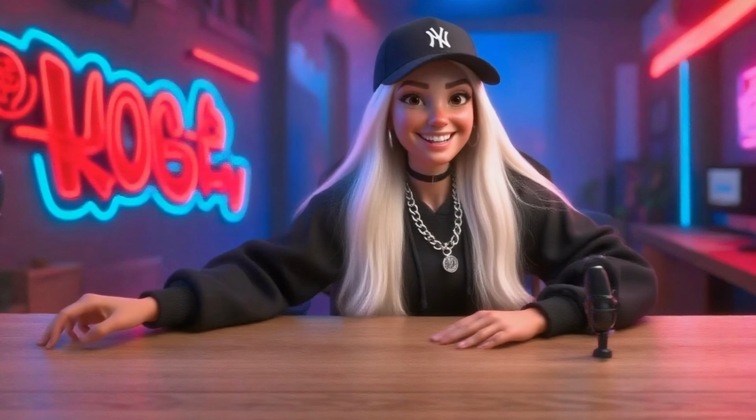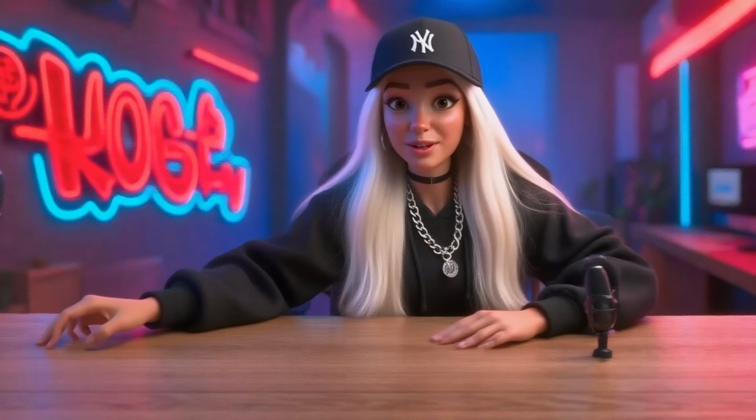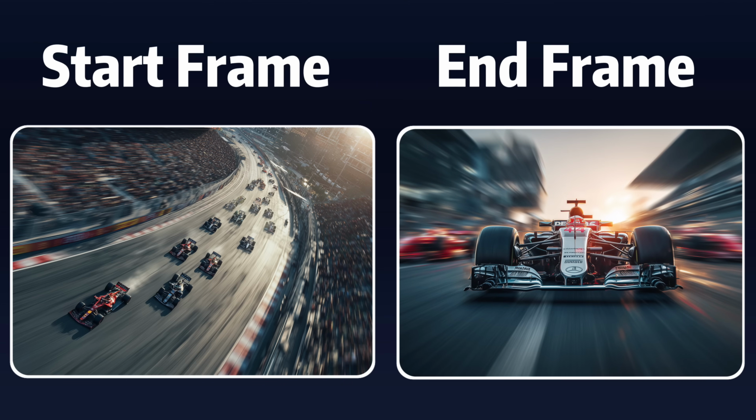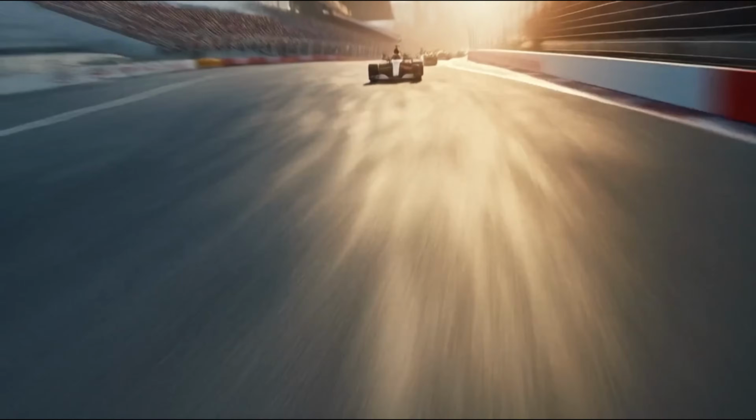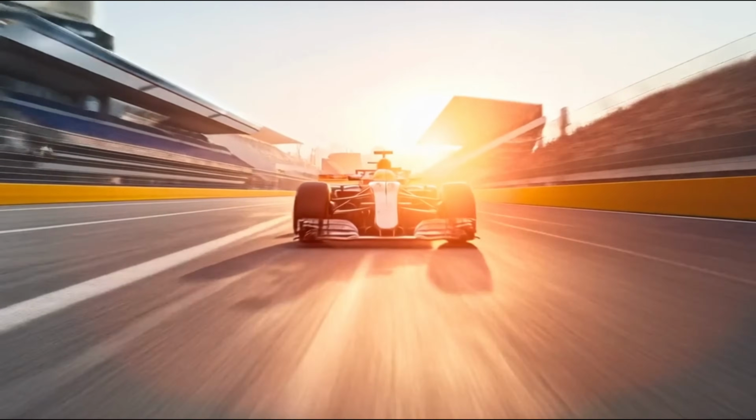Now imagine scaling this up for bigger, more dramatic shots. For example, I could start with an aerial photo of an F1 racetrack, then zoom in and lock on to the first car speeding down the lane. Even with all that fast motion, the camera effect stays sharp and powerful. And it doesn't stop there. You can even chain videos together using start and end frames.